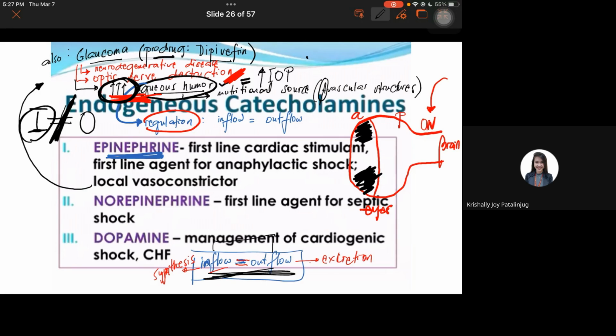May nasi-synthesize, then konti yung na-excrete. So, mo-accumulate yung aqueous humor. So, kapag tumataas yung aqueous humor level, ano yung mangyayari sa pressure? Tumataas, di ba? It will create pressure.